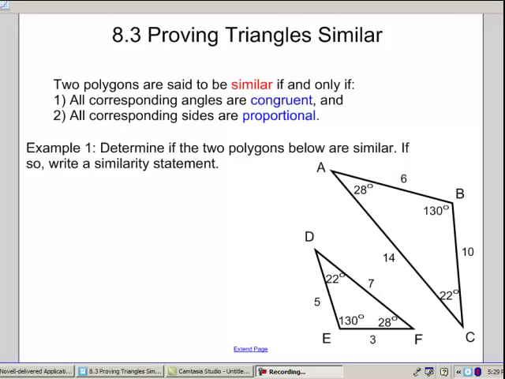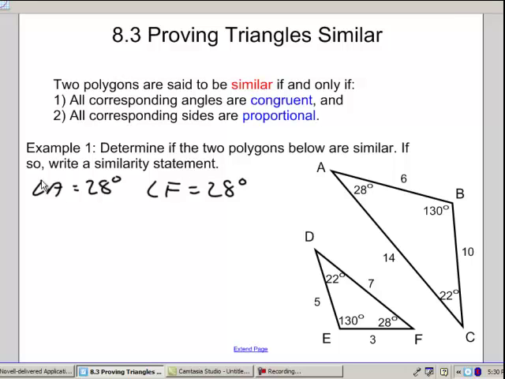I have two polygons below. They're actually triangles, and I want to determine if the two triangles are similar. Well, angle A is 28 degrees, and angle F is 28 degrees. Angle B is 130 degrees. Angle E is 130 degrees.